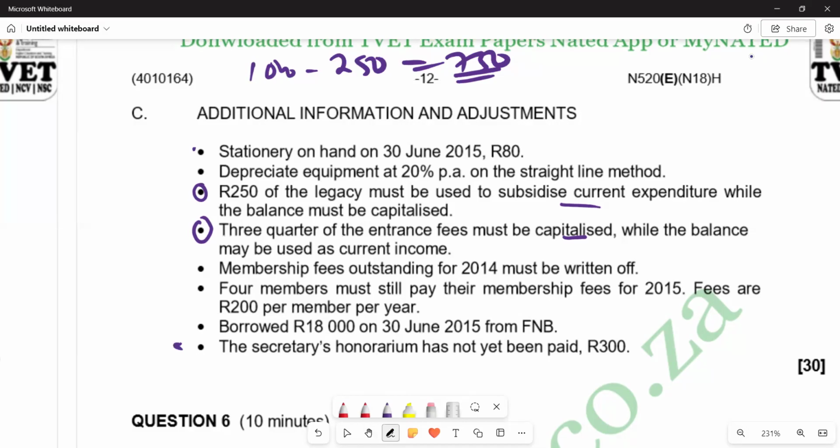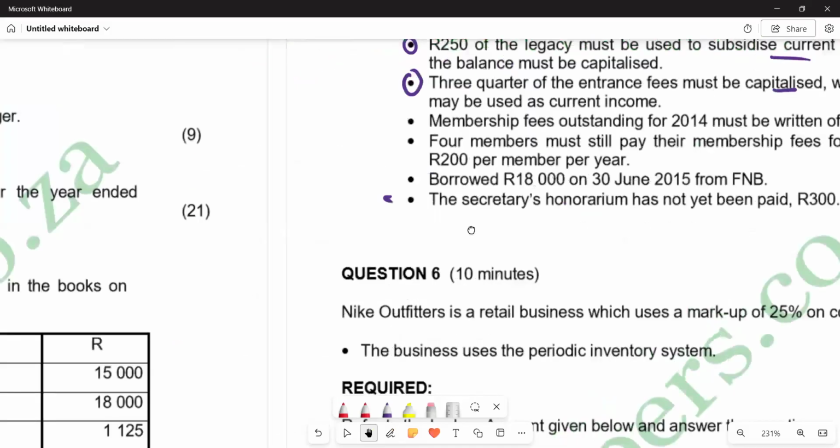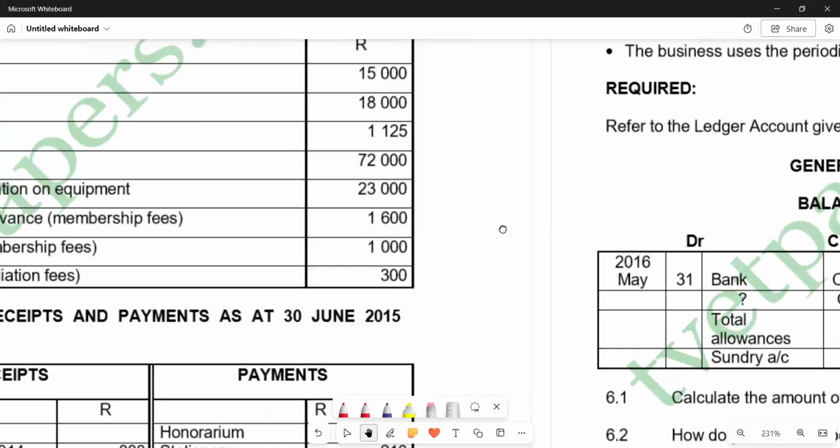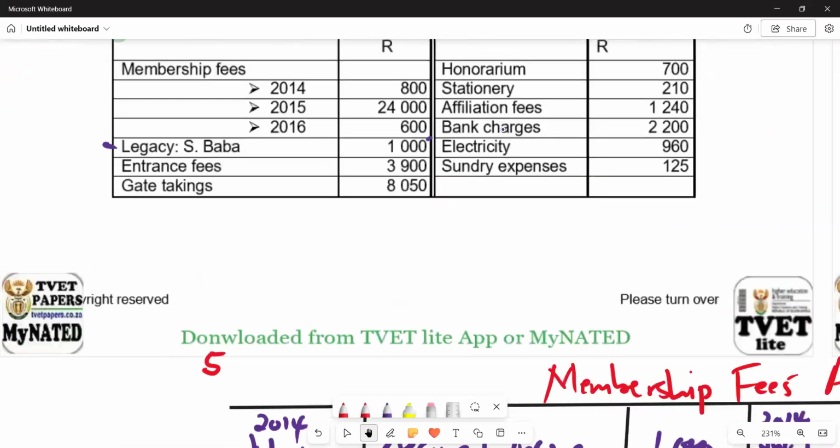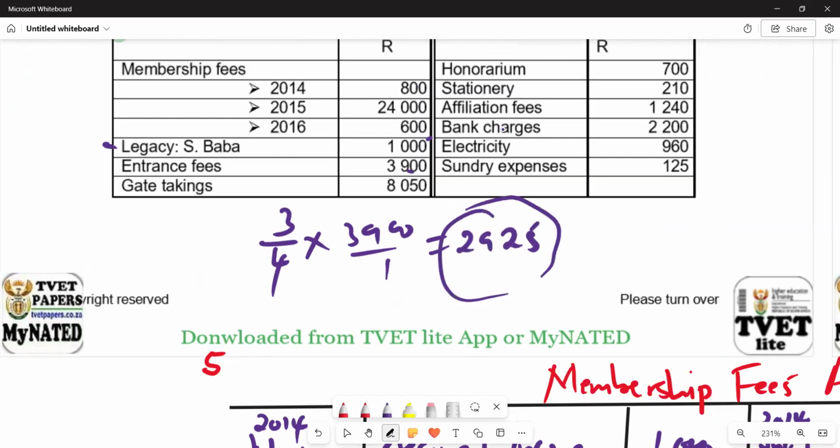So we calculate the 3/4: 3/4 times 3,900. Calculate like that, you're going to get 2,925. So we are going to remove 2,925 from 3,900. Then the net figure is the one that we are going to include in the income and expenditure.